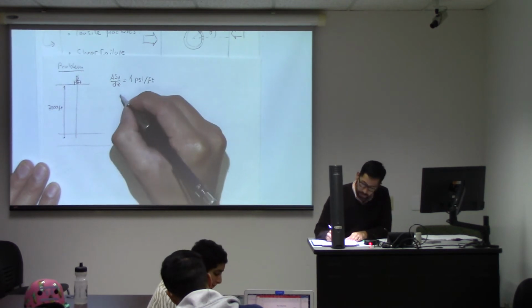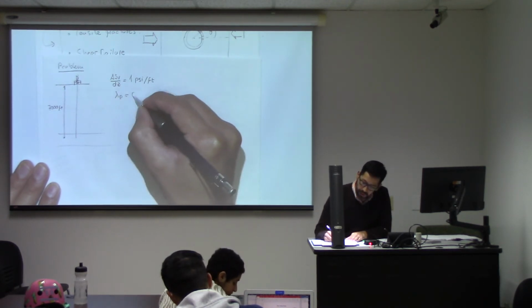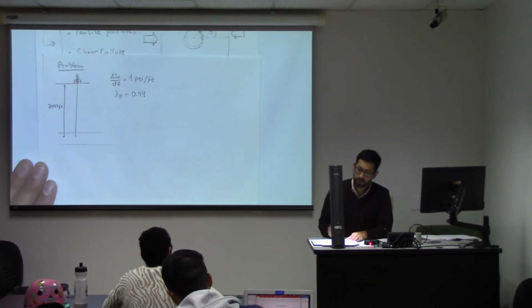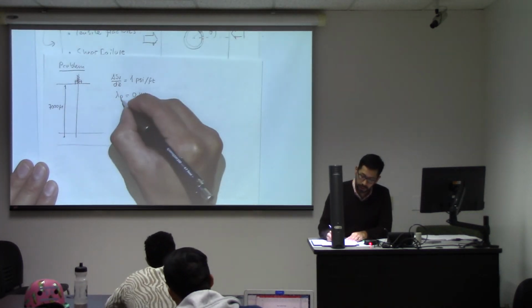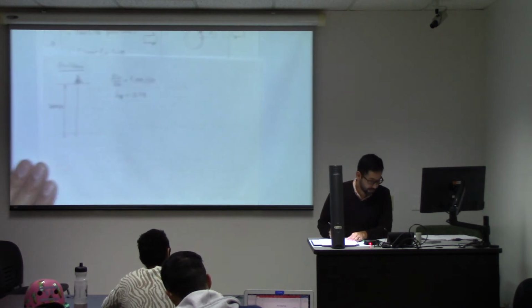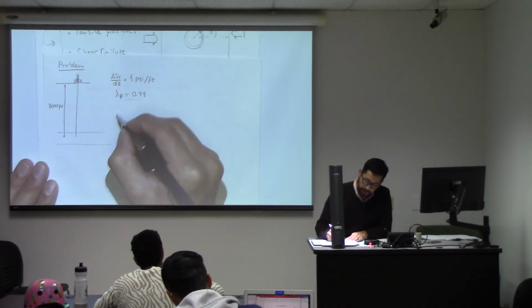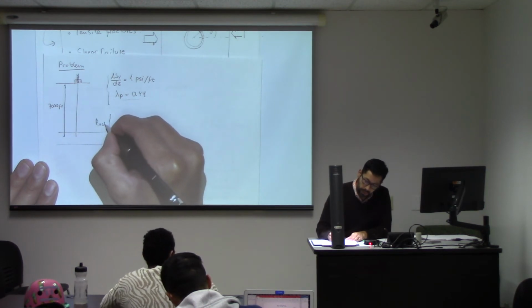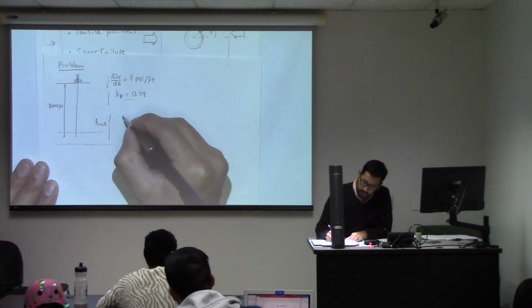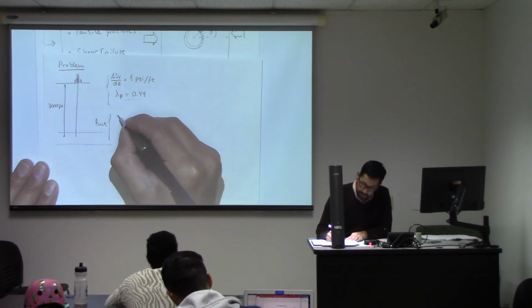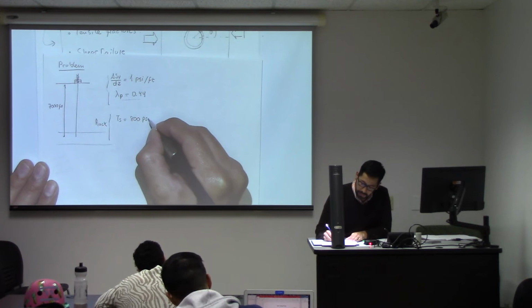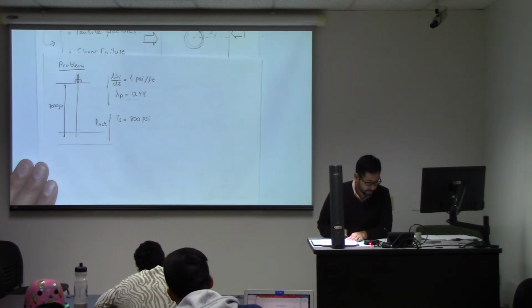I'm going to tell you that this is hydrostatic. It's onshore, so this is that will be the lambda p for offshore. And also, I know that the rock has a tensile strength of 800 psi.